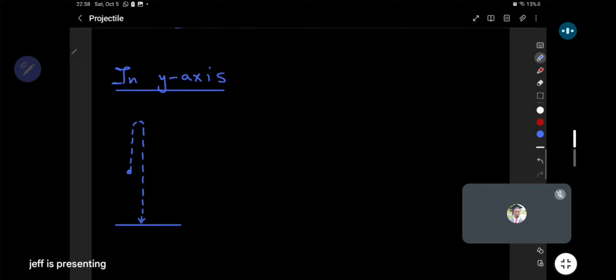So we want the velocity it hits the ground with. The initial velocity is the velocity it started going up with. The final velocity is the velocity we're looking for, the one it hits the ground with.